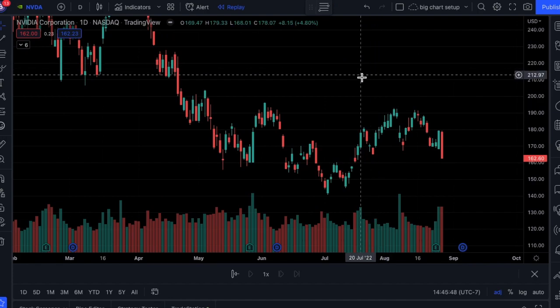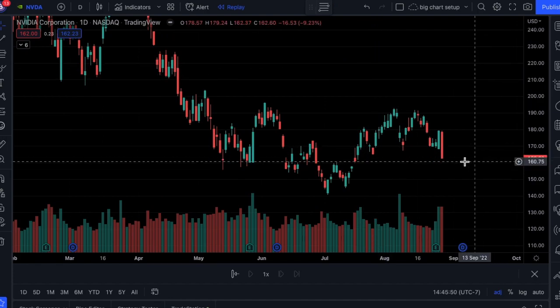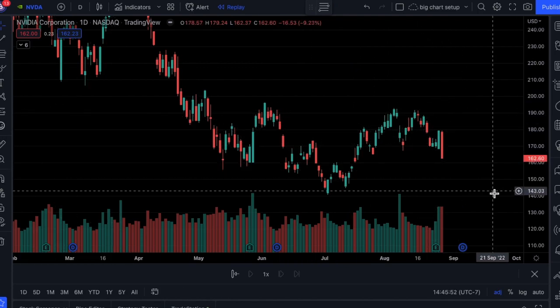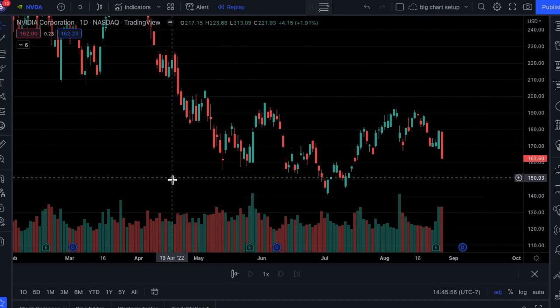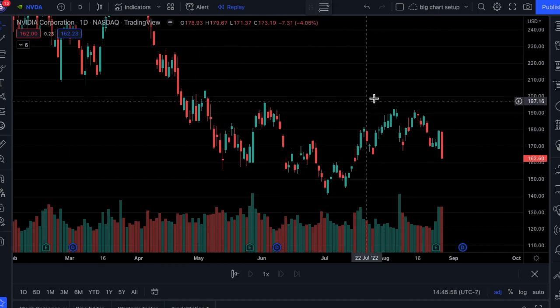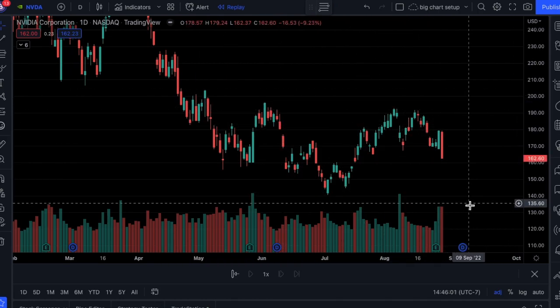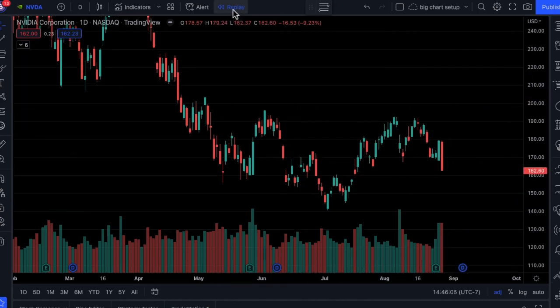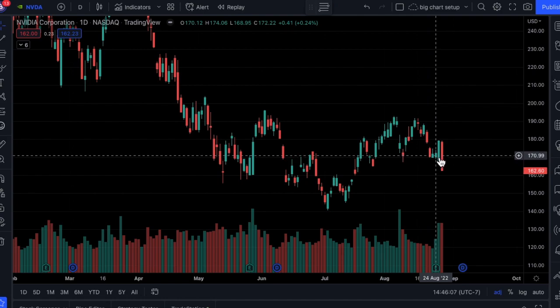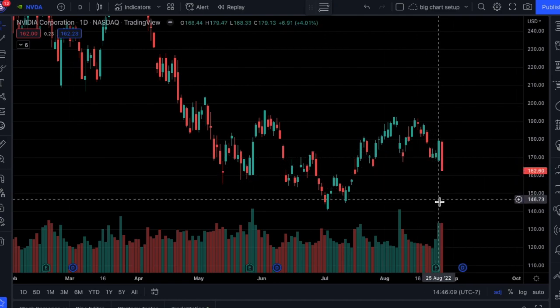So, just a zoomed out view. I always start on the daily, looking for any specific patterns building out through here. Maybe we could start to see some kind of head and shoulders on the daily. But if we go into replay mode, this one ties into the value of being at Blackbox.